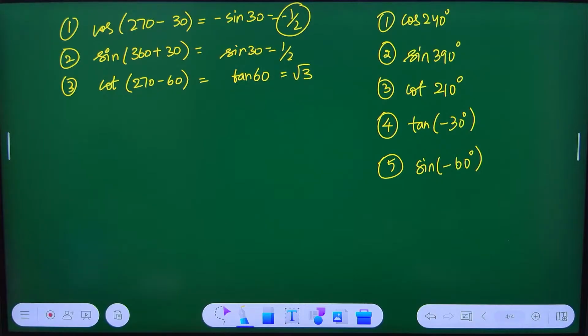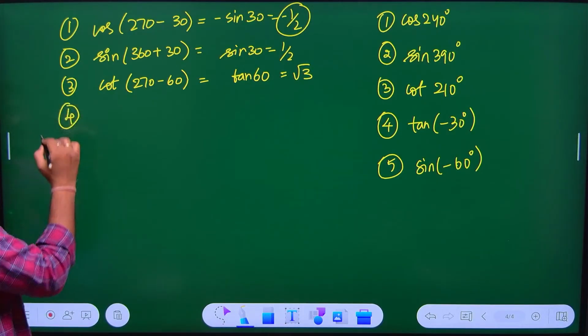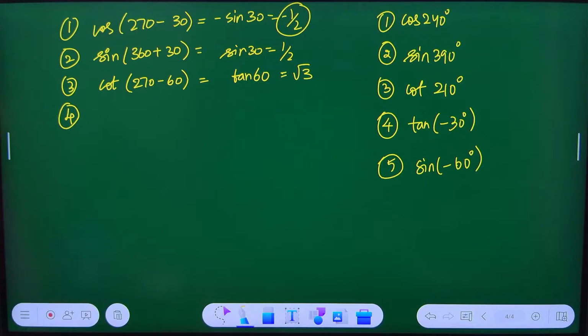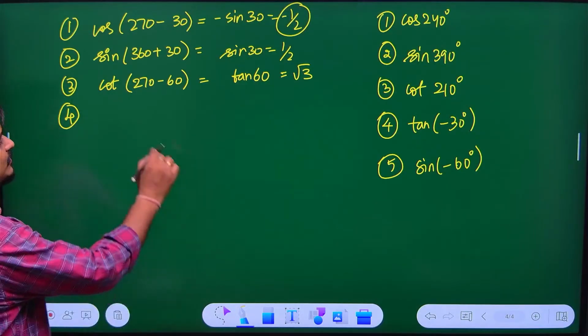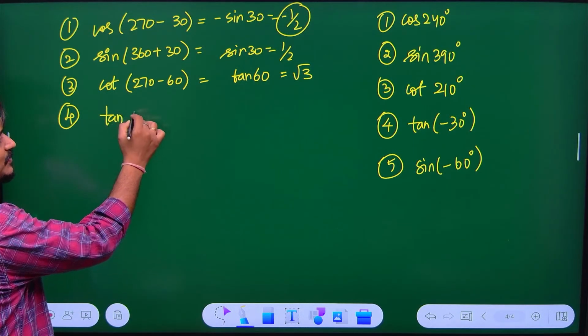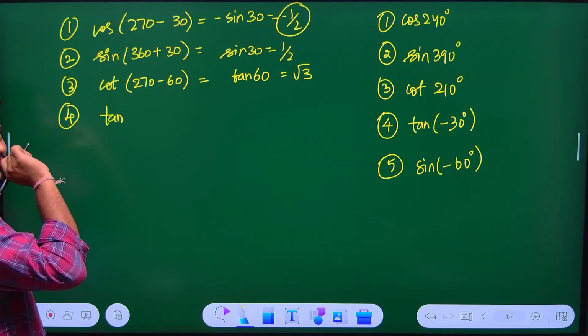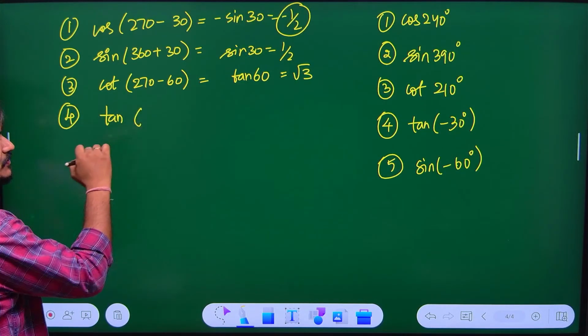Yes, sir. Okay. Next question is to Srinidhi. Preetham, please. Tan minus 30 is equal to tan minus 90 plus 60.